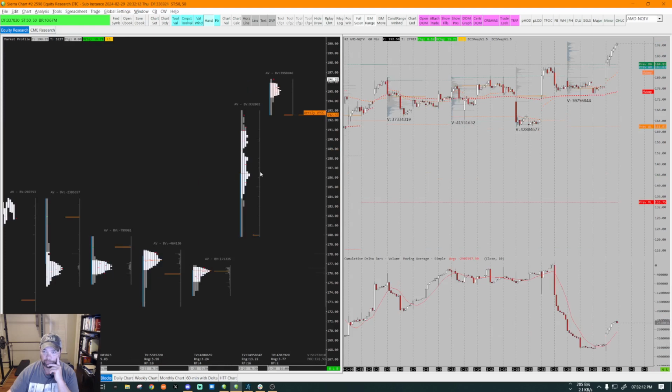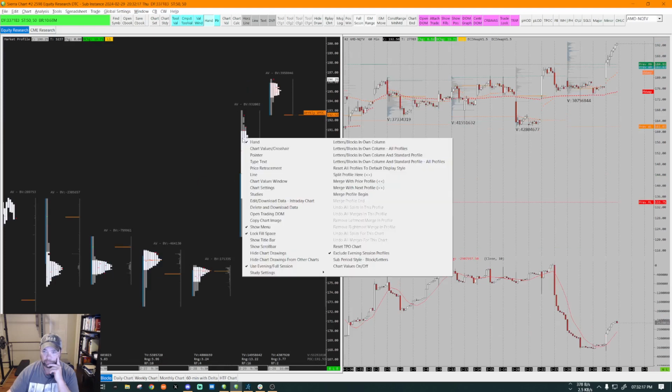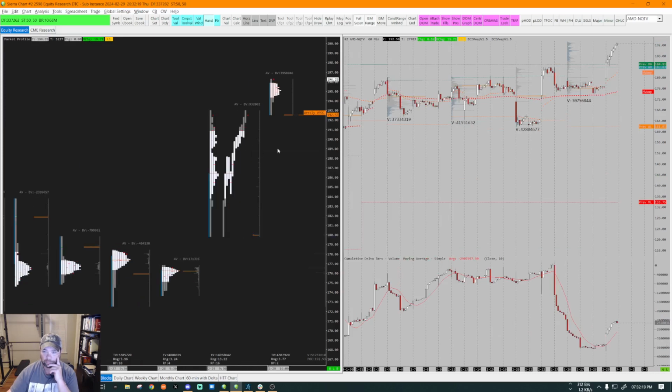That's a beaut. There we go. So this is a very strong trend profile. Would definitely look for continuation. This is what I would trade tomorrow.